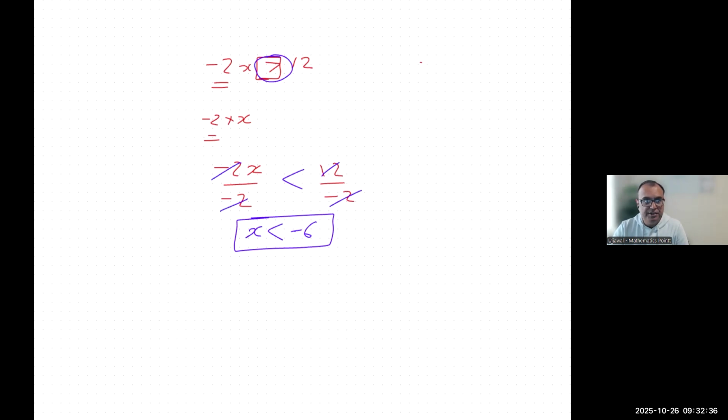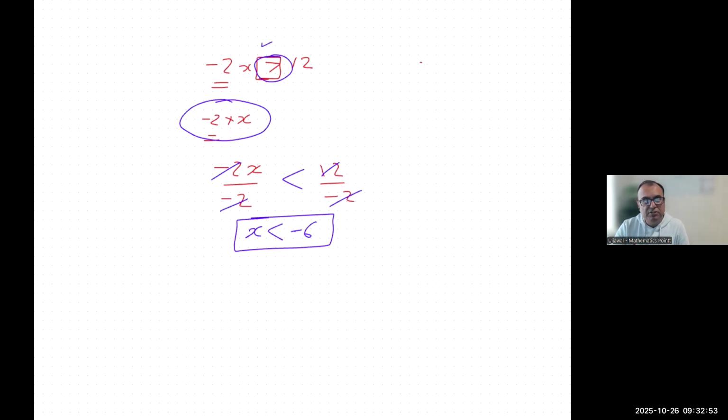Again, I reiterate, whenever you have a negative number being multiplied or divided with the variable, you will flip the sign.